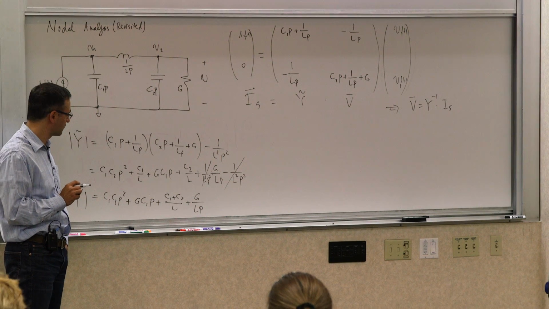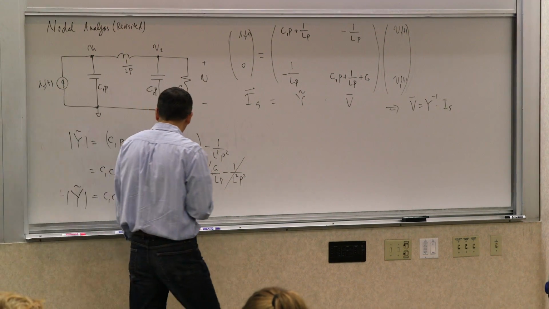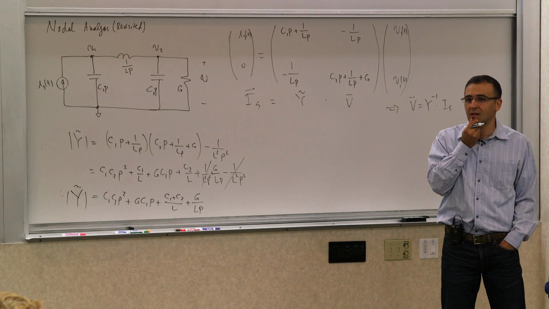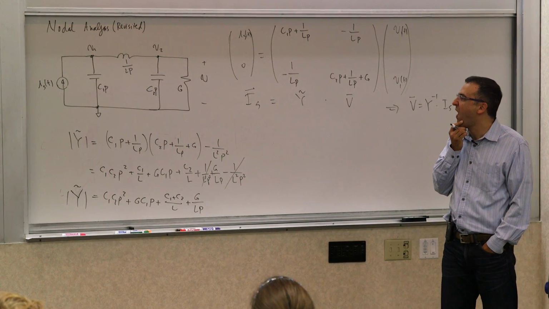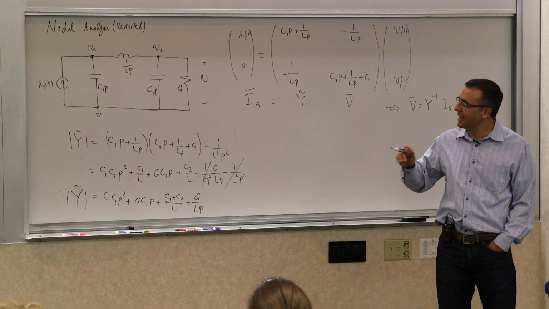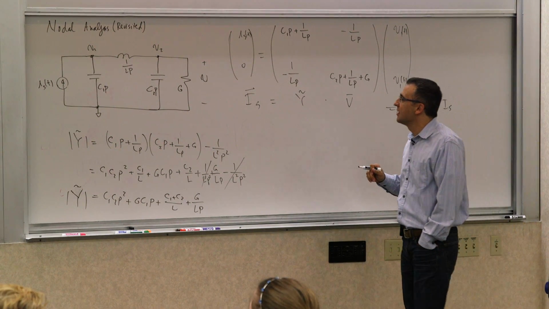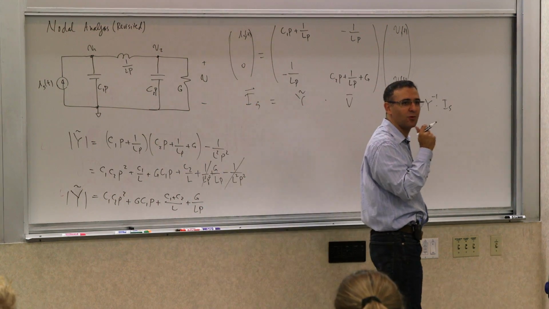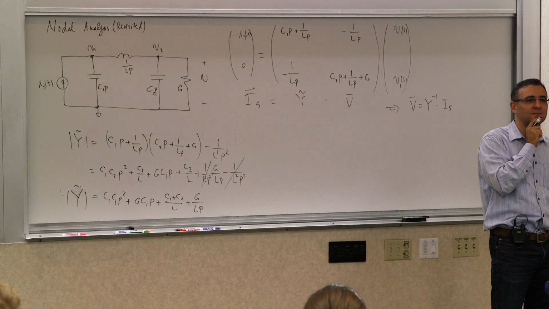Okay? Good. So first of all, what is the order of this determinant? Before you answer that, let's talk about the circuit. Looking at the circuit based on the criterion that we developed, what is the order of the circuit?